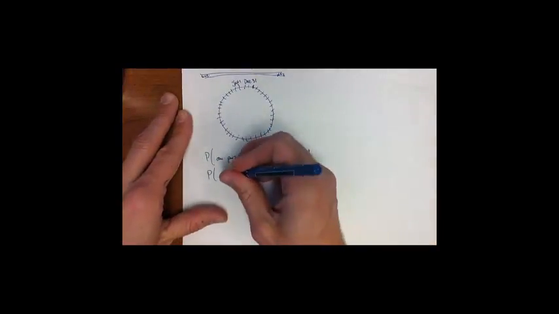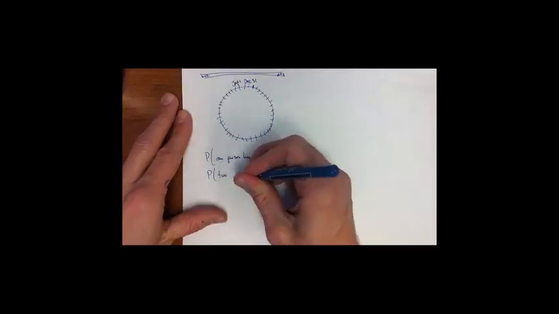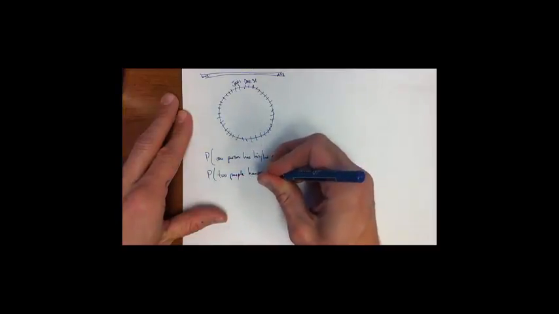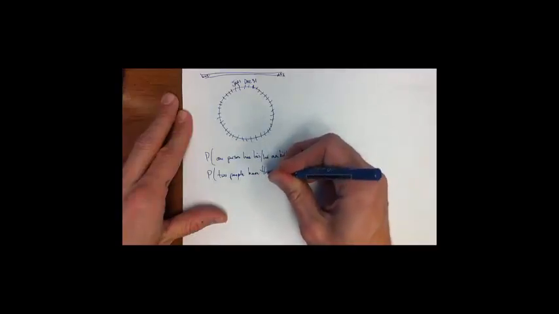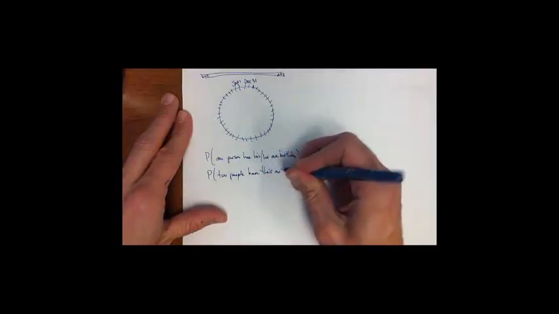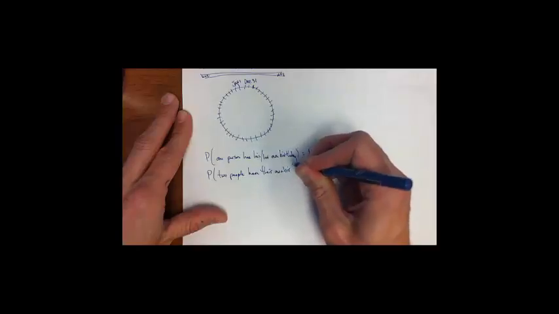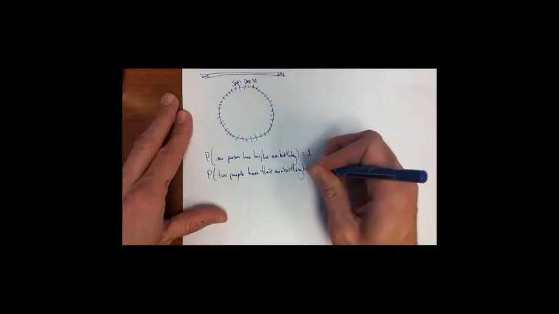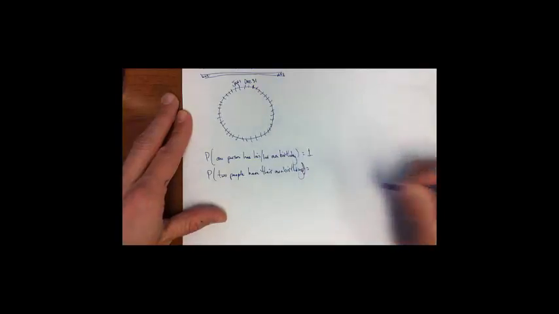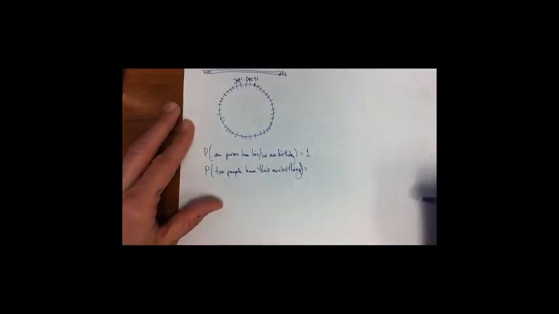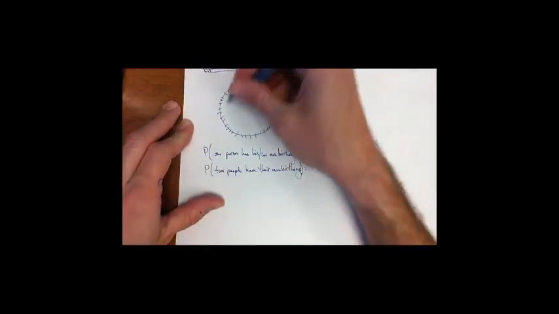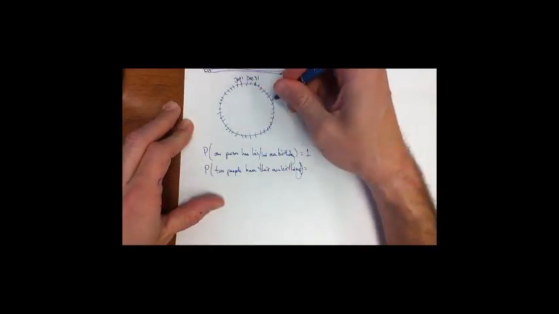But what's the chance that if you have two people, they have their own birthdays? Okay, well, let's see. First of all, if I take the first person and drop that person somewhere on here, where does he fall?